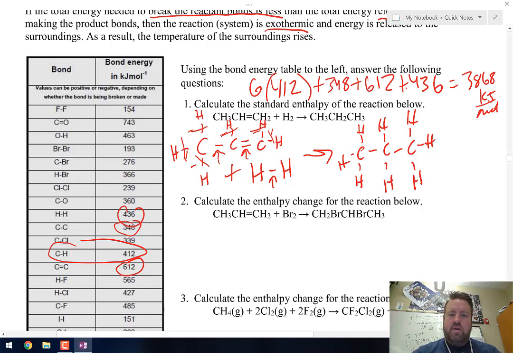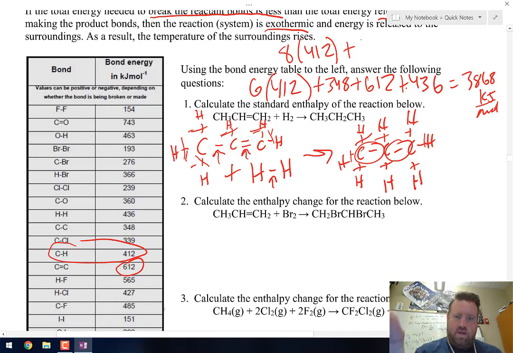There's 1, 2, 3, 4, 5, 6, 7, 8 carbon-hydrogen bonds. So now I'm going to go 8 times 412 plus, and it looks like we've just got 2 carbon-carbon bonds now, and they're single bonds, so that's 2 times 348.